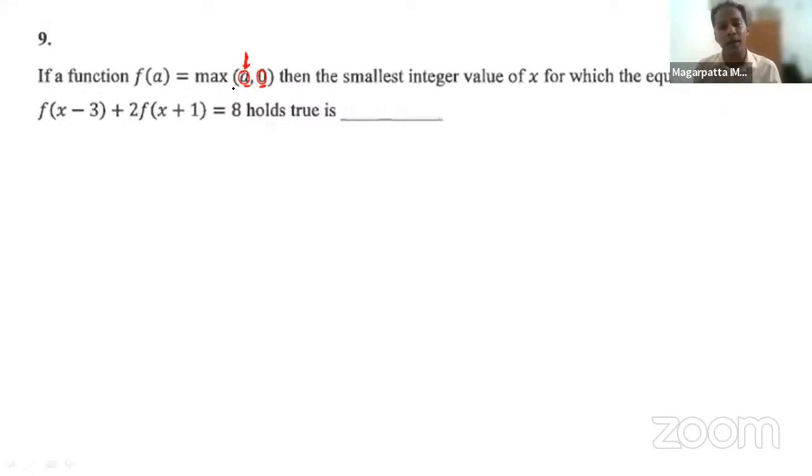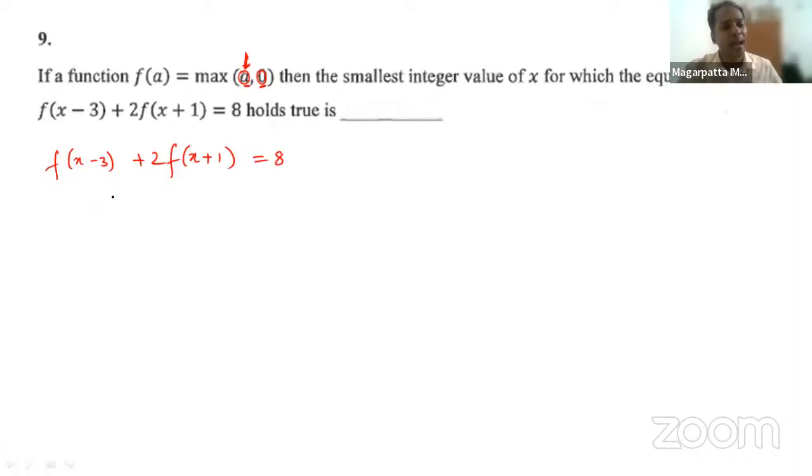If I have interpreted that, I think understanding the remaining question is easier. How does it work? I have f of x minus 3 plus 2 times f of x plus 1, and that is equal to 8. So the smallest integer value for which this holds true.